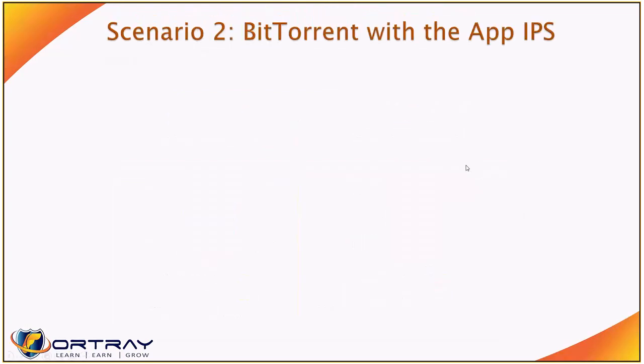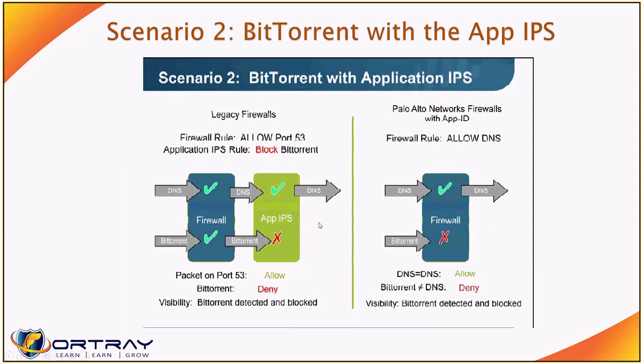The second scenario would be BitTorrent with the application IPS. Previously, many companies were deploying IPS separately. If you deploy a firewall plus IPS, and DNS is allowed, BitTorrent can actually deceive the firewall, but if the IPS is installed, it can still be blocked by the IPS.